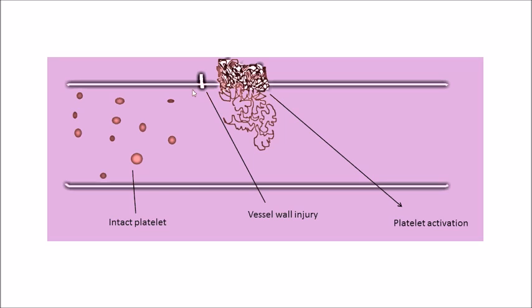But when there's a vessel injury, platelets are activated by many factors like von Willebrand factor, which is released by both endothelial cells and activated platelets, adenosine diphosphate, which is also released by activated platelets, thromboxane A2, and also exposed collagen and thrombin as well.